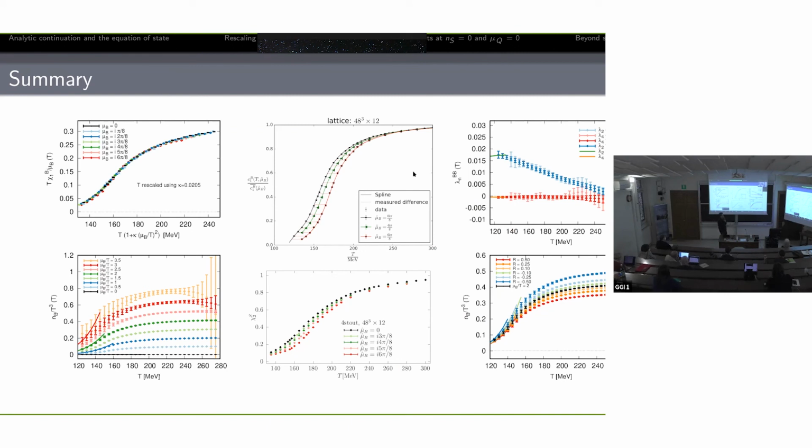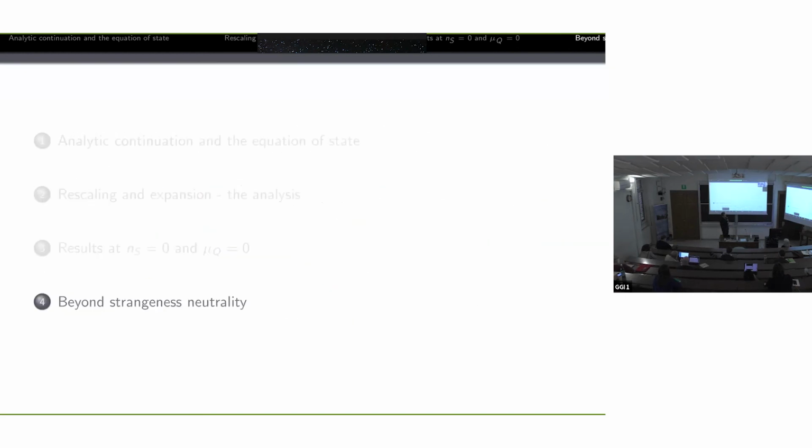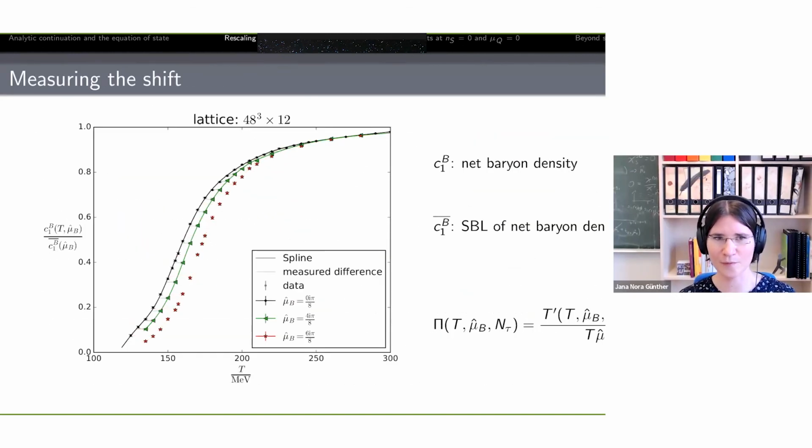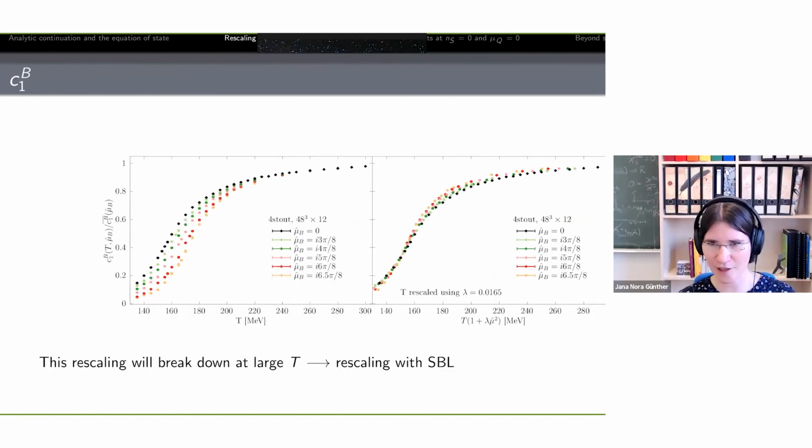Your rescaling, how do I really interpret this? The fact that it works means that you have a low order polynomial dependence on mu, right? That's what follows more or less. Yes. So if this would be perfect, then everything could be described with this one lambda 1 coefficient.